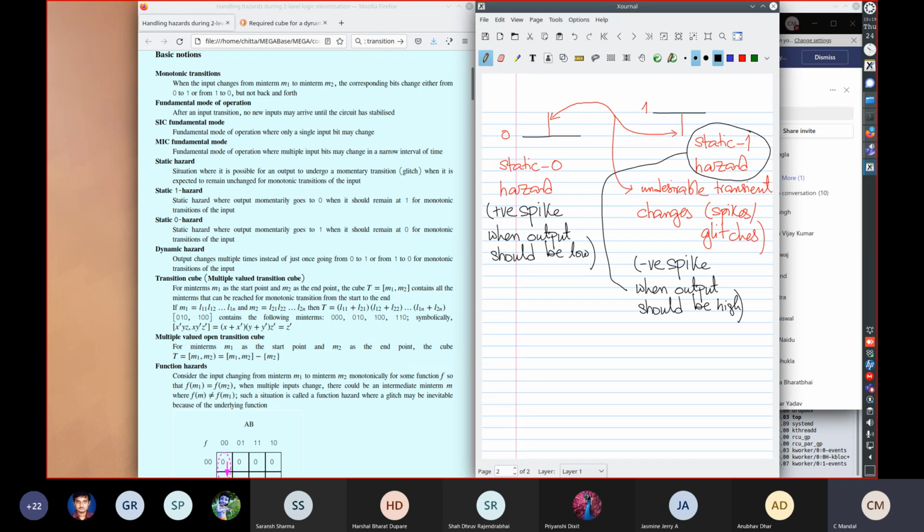What we have already shown over here is the fundamental mode of operation.